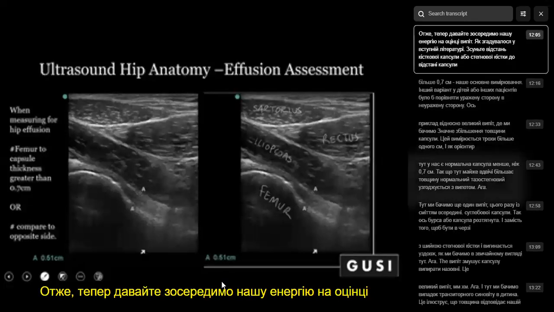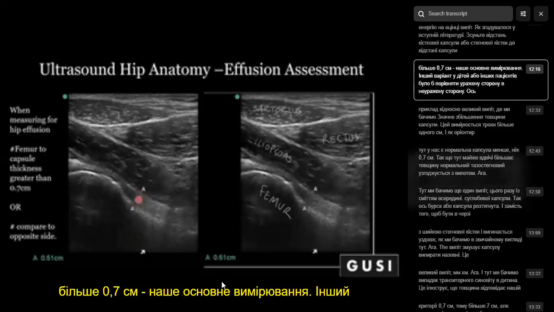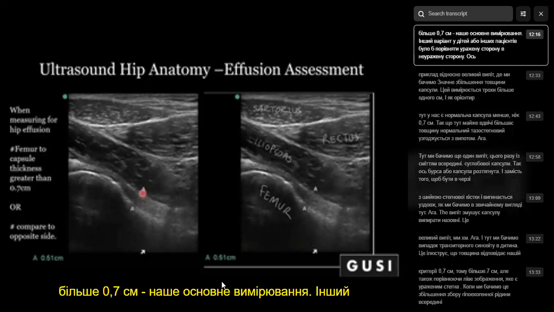So now let's focus our energy on making assessments of an effusion. As mentioned in the opening literature slide, the bone capsule distance, or femur to capsule distance, greater than 0.7 centimeters is our primary measurement. Another option in children or other patients would be to compare the affected side to the unaffected side.